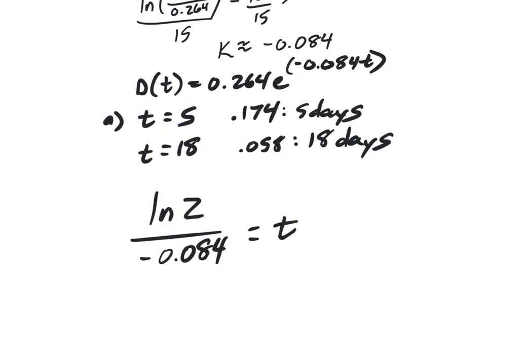The negative is going to give me a negative answer, obviously. So that's why we wouldn't necessarily put the negative in this case. But I could do the ln of 2 divided by 0.084. And that would be about 8.3 days.